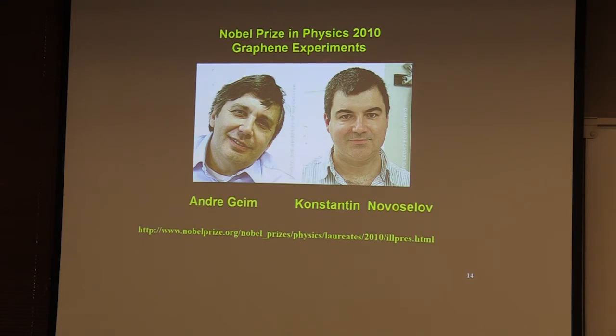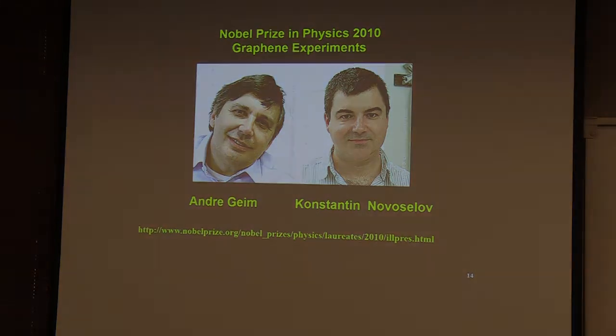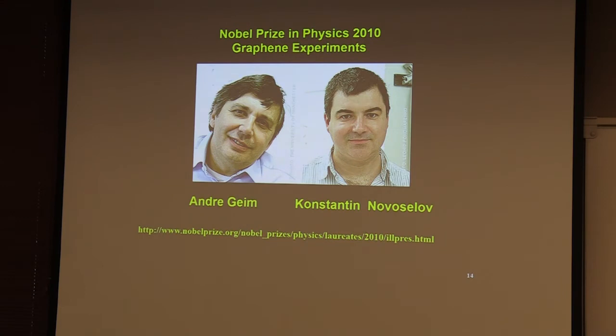So this is a different type of material where this linear dispersion only works when you have a monolayer. And they performed experiments. They didn't discover graphene, I will show you. They performed experiments with Scotch tape flakes and proved that graphene exhibits this linear dispersion. And the electrons in graphene behave as massless Dirac fermions.